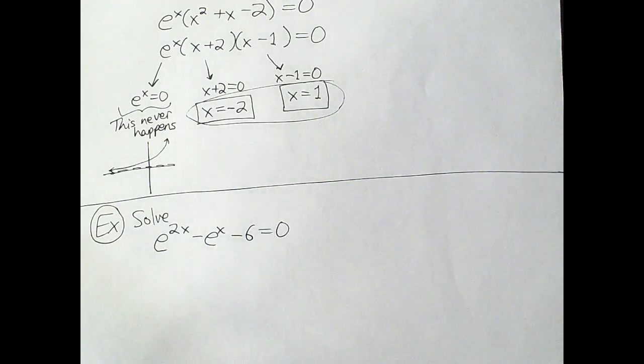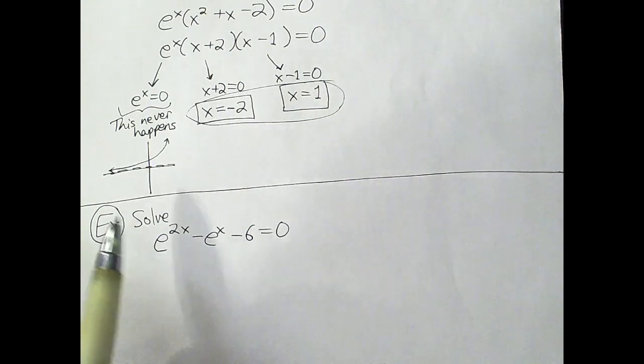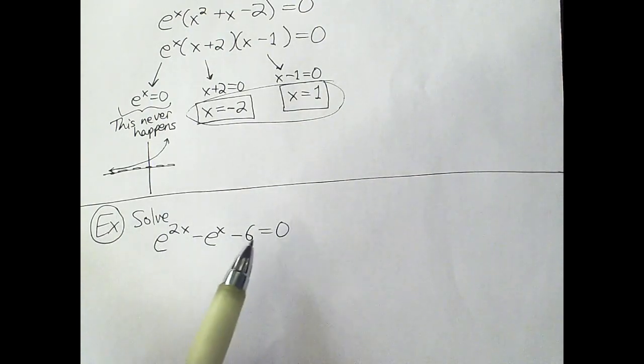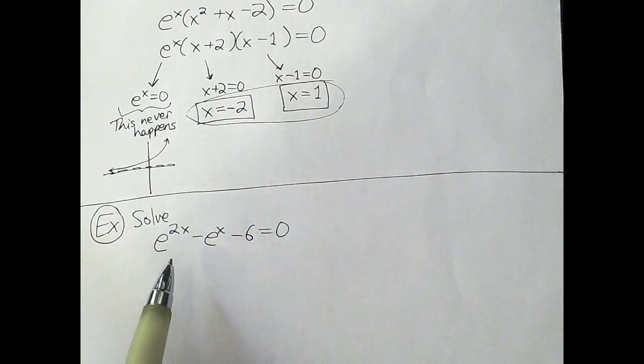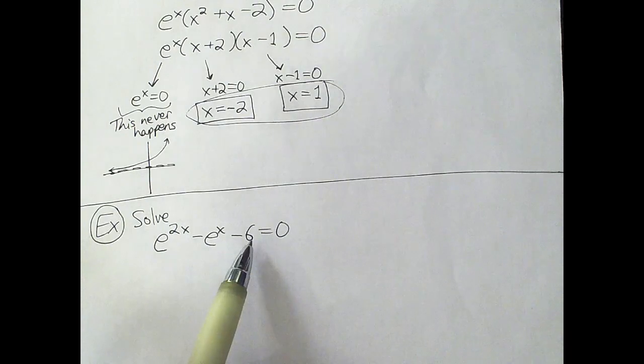But what do we do here? It looks the most similar to the previous problem where we did some factoring. But we don't really have something that we can pull out of all three pieces. I don't think it would help to factor out e to the x from all three pieces because the 6 here doesn't have an e to the x.